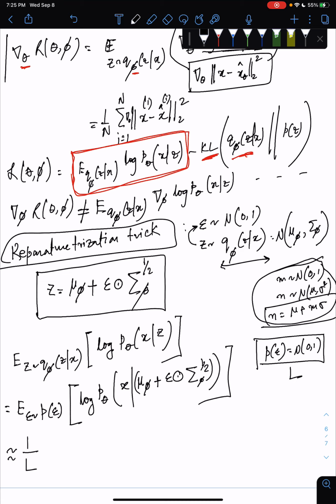So this is the sum over l from 1 to L of log p theta, x given mu plus sigma times epsilon l. Let's write it here.